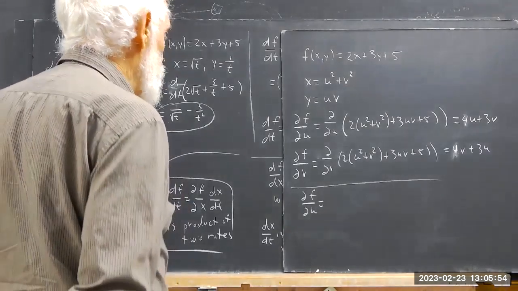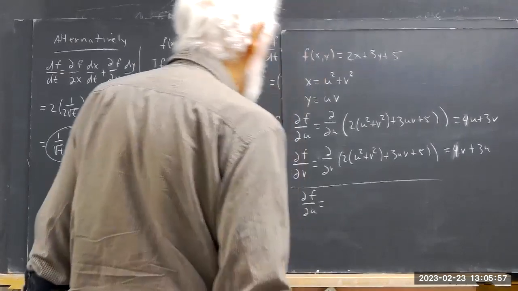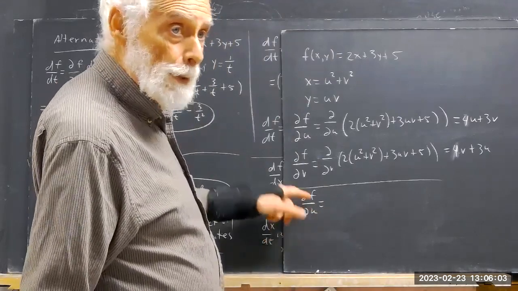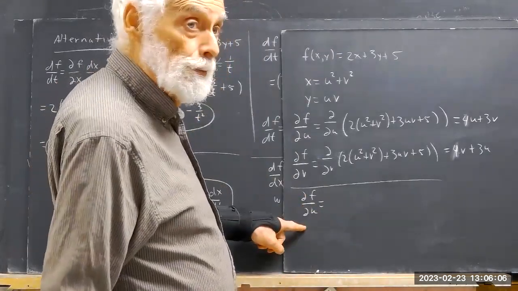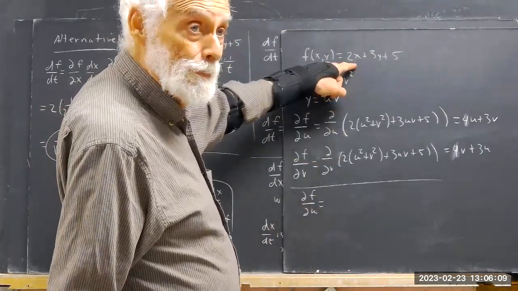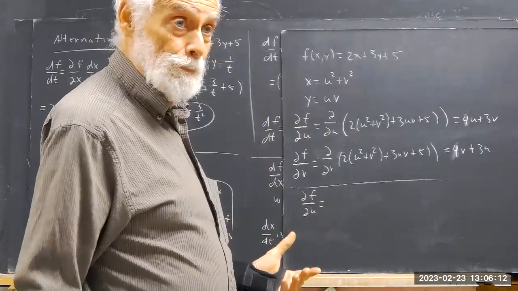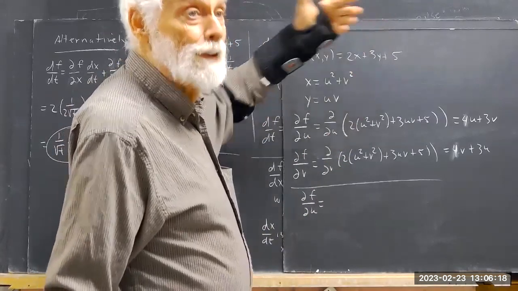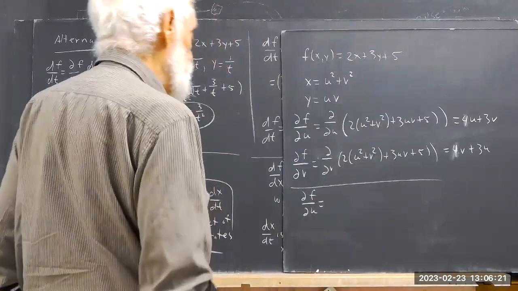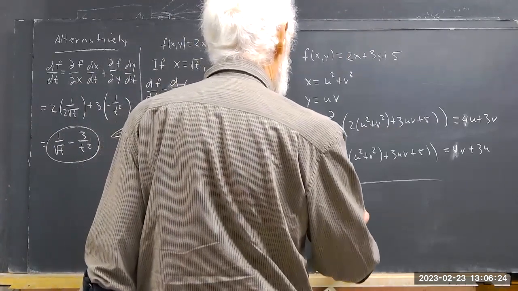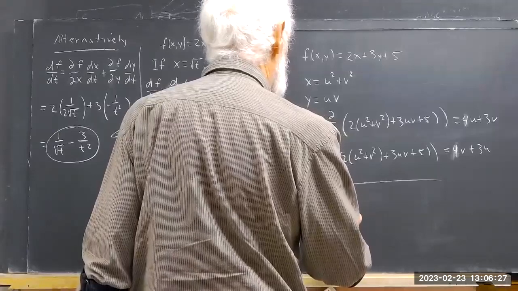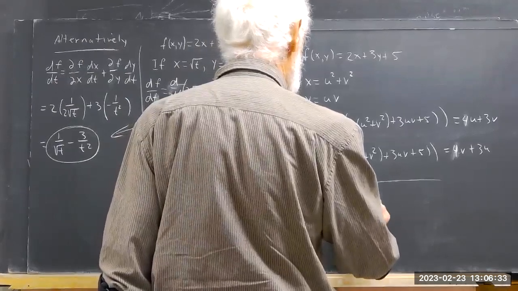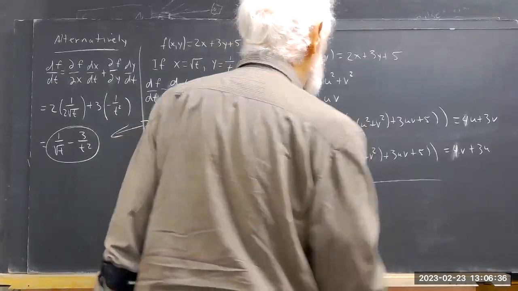Okay. So what's the partial of f with respect to u? Well, what is it about the change in u that makes that change? If u changes, that changes x, and that causes f to change. But u also causes y to change, and that adds to the change. So f changes because x changes, and x changes because u changes.